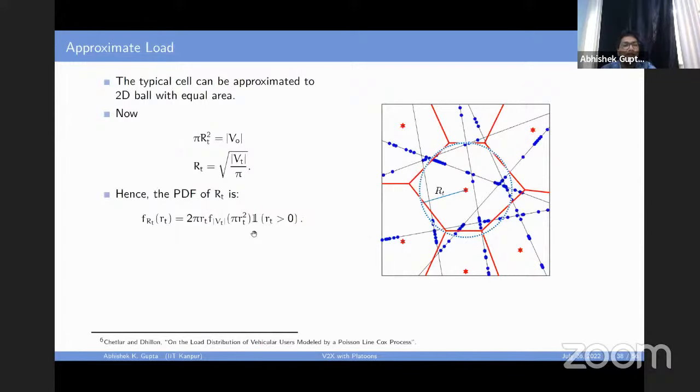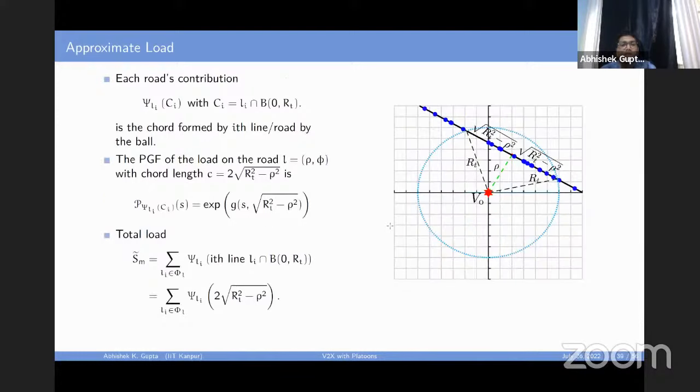We also do a very simple calculation. See, we need this typical chord here, and the typical chord may be difficult. So we can approximate this Voronoi set with a circle, with a ball, with the same area. Okay, and we know the distribution of the area, so we can compute the distribution of this radius, and then it becomes easy because you just need to take this chord and then compute the total number of points in the chord, okay, and then average it over all roads.